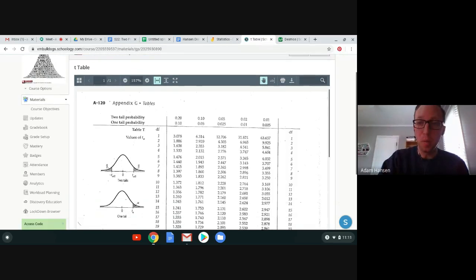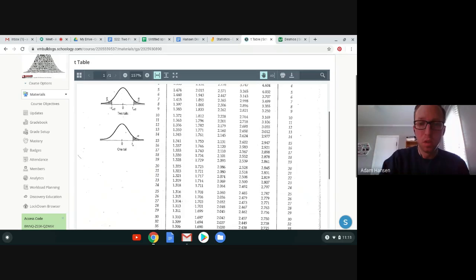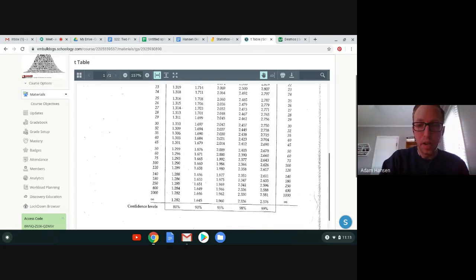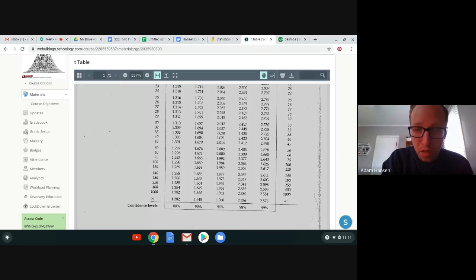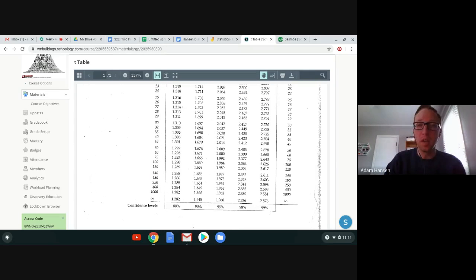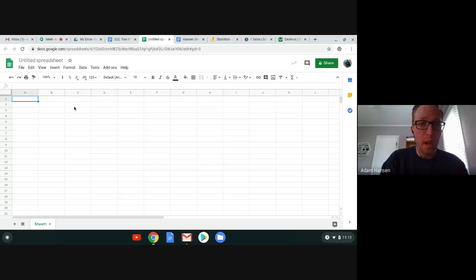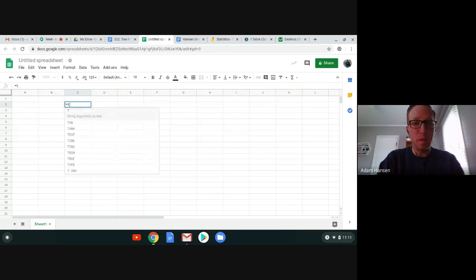If I look at my t-table, a 90% confidence interval is in the second left-handed column. But where is 46? Well, I can get pretty close with about 1.679, and that would be fine. You could certainly use 1.679 because 45 degrees of freedom is pretty close to our value of 46 degrees of freedom. Or if you want a more accurate t-score, I can open up a Google Sheet and type in equals T.INV.